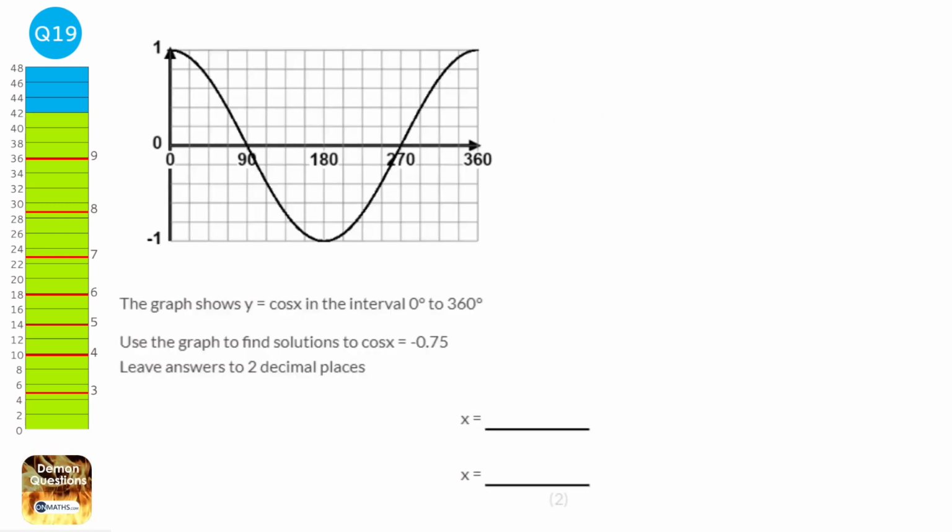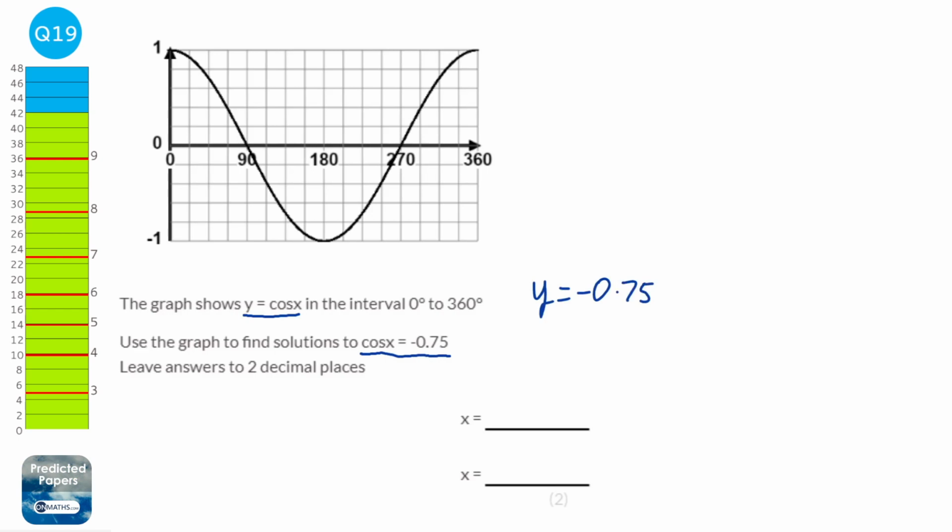Okay, so we're given the fact that this is a graph of y equals cos x, but it also says that we're looking for solutions for cos x equals minus 3/4. So if you look at those two things, you'll realise that y equals minus 0.75.